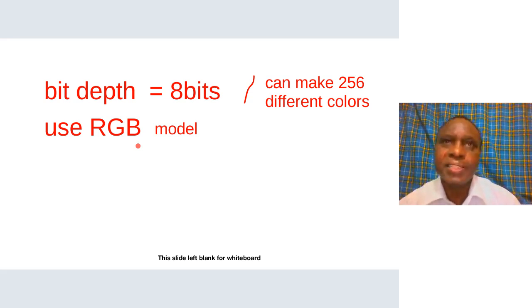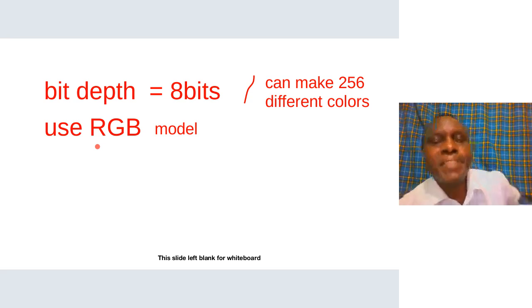So if red is using 3 bits, how many different combinations can you make out of 3 bits? I'm sure you can easily do that.